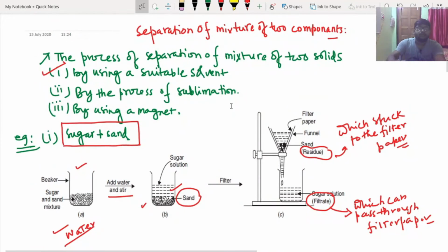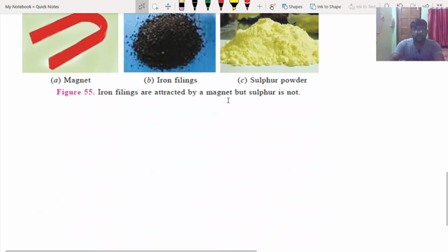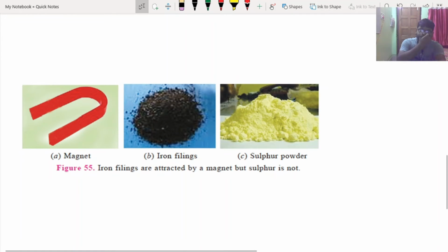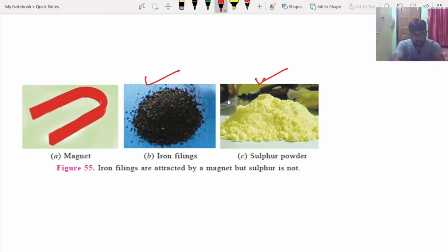Now let's come to point number 3, by using a magnet. How can we do this? Very easy, very simple. We all know that. Suppose we have a mixture of iron filings and sulfur powder, and we have mixed it up, right? So obviously if you take a magnet and keep it there, what will happen?